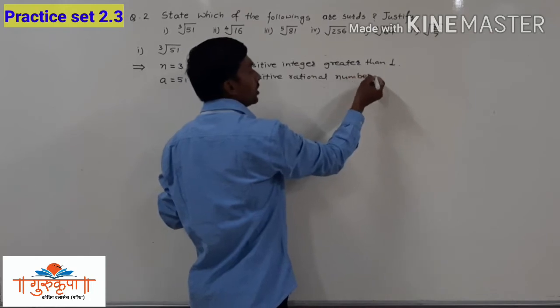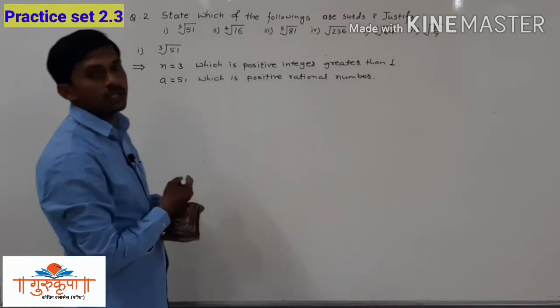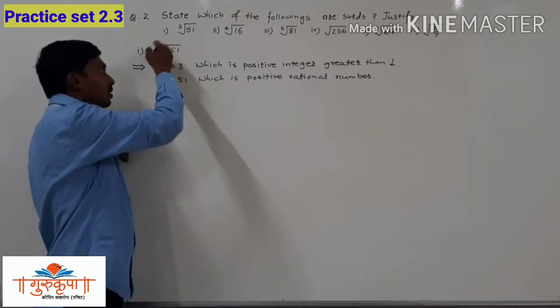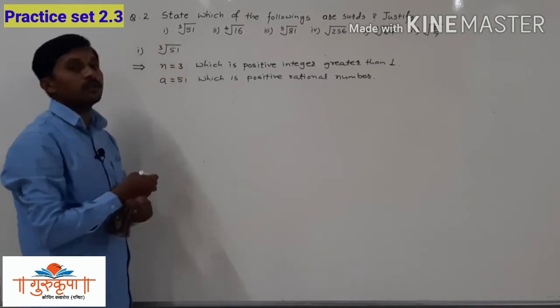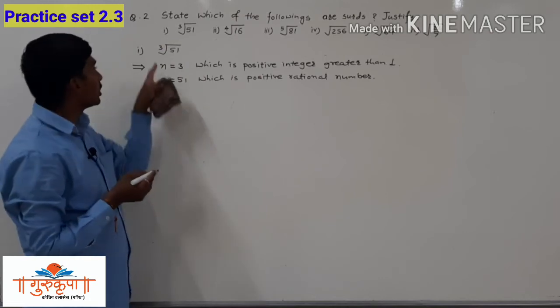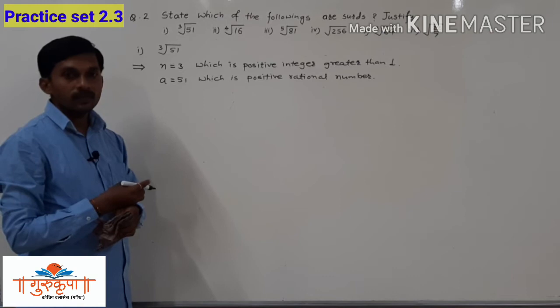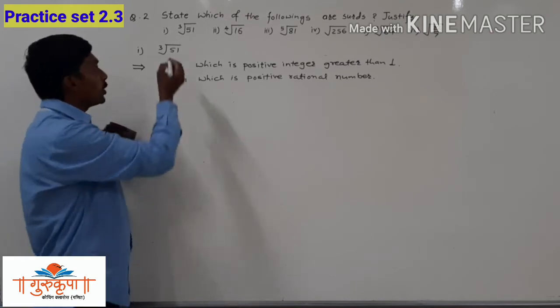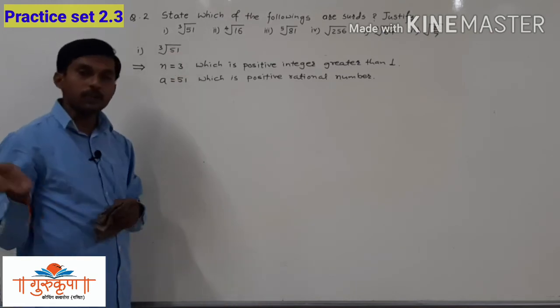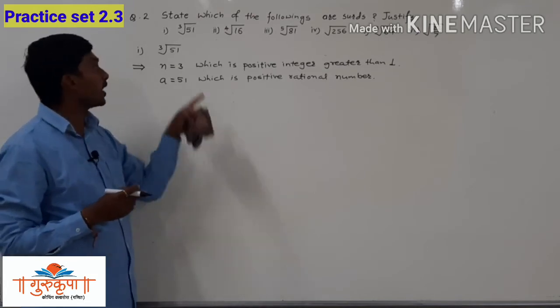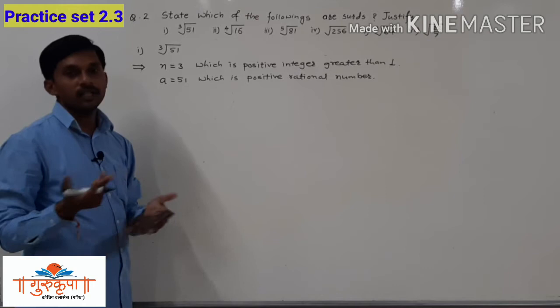Now, third and last and most important thing, that altogether this should be an irrational number. Now we have to check whether it is possible to find the cube root of 51. If we are able to find the cube root of 51, then it is a rational number, and if we are unable to find the cube root of 51, then it is an irrational number.